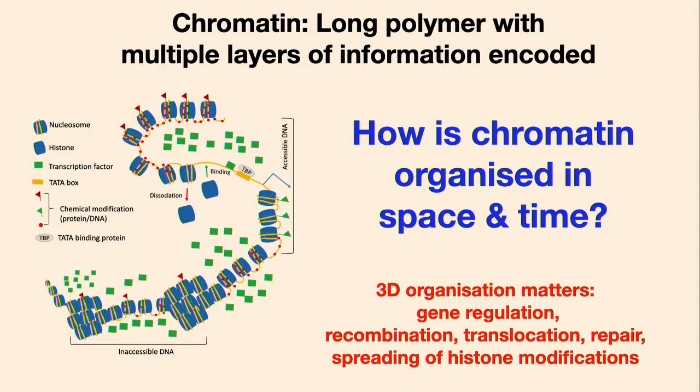So it is important to understand how it condenses in space and time. It has a very specific spatial organization, and also a temporal organization, and all of this matters for processes like gene regulation, recombination, translocation, repair, spreading of histone modification, and many other processes. The 3D organization and the local condensation matter.